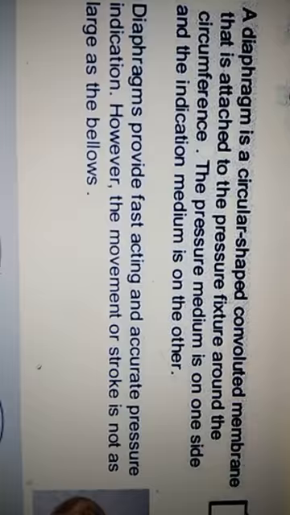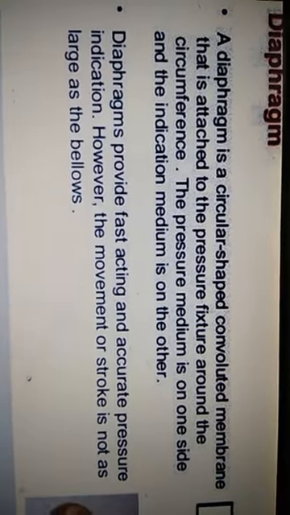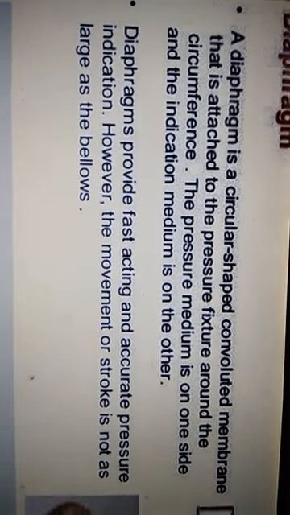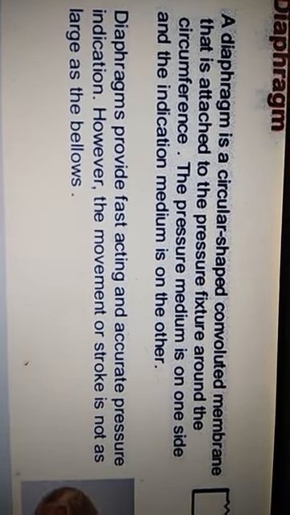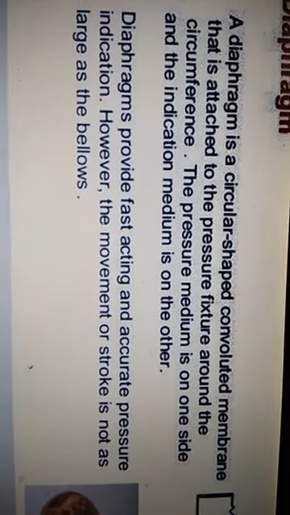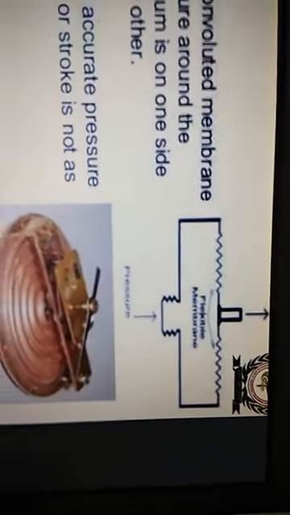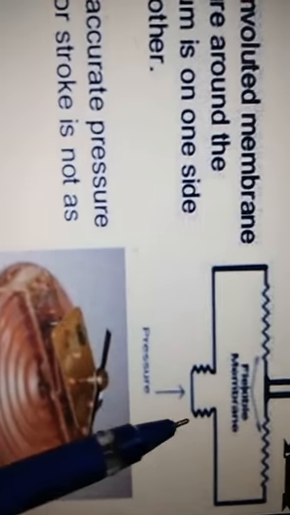The diaphragm provides fast acting and accurate pressure indication. However, the movement or stroke is not as large as the bellows. This is the difference between bellows and diaphragm. You can see this figure. This is the diaphragm figure here.